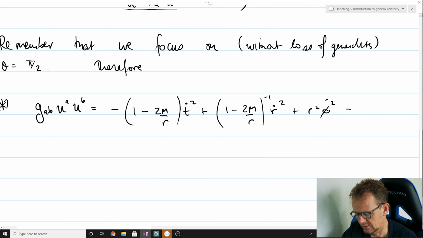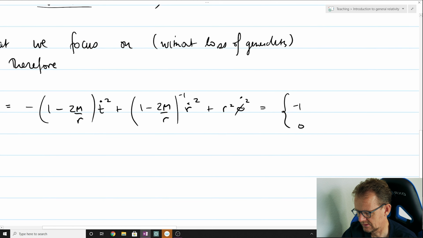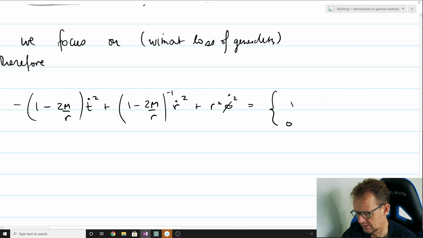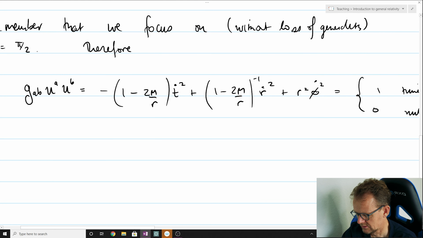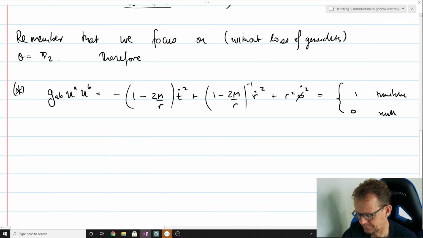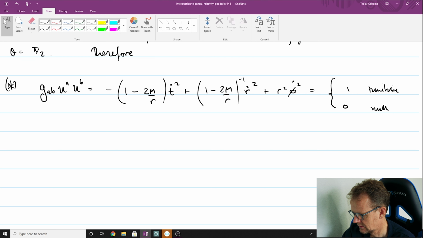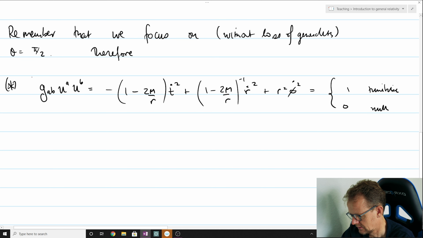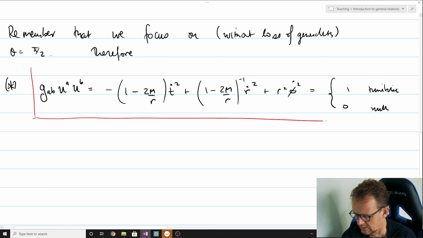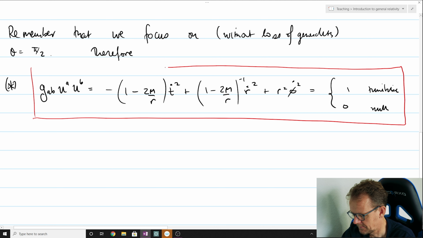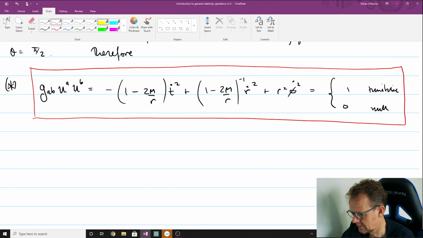And depending on whether you have a time-like or null geodesic, this is either 1 or 0. Because if it's time-like, we're using proper time, and we're normalizing this to 1. So this turns out to be quite a useful formula. So we'll box it up.